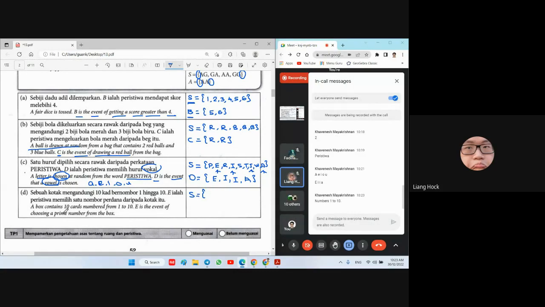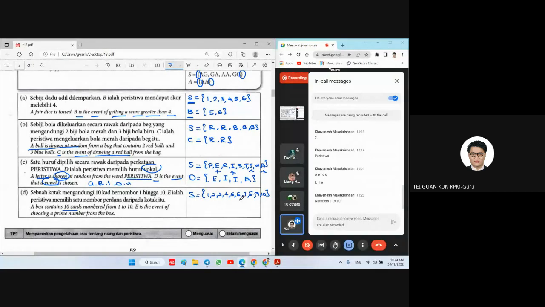Ada cards. Okay, 1 to 10. Numbers 1 to 10. So you list lah all the possible outcomes. Okay, so 1, 2, 3, 4, 5, 6, 7, 8, 9, 10. Okay, so this is the possible outcome.